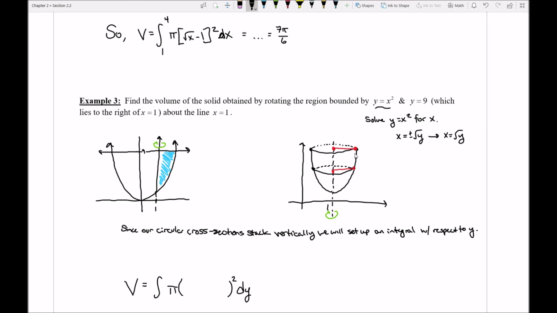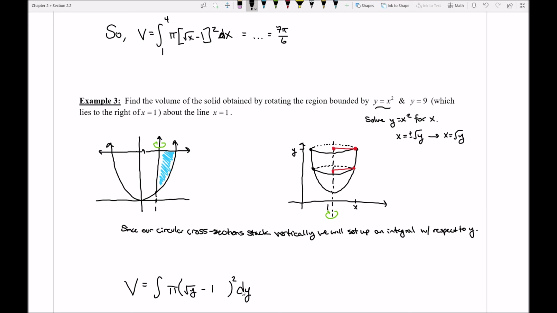So notice then that if I knew the y coordinate where I was looking at a particular circle, if I could plug in that y into this formula, it would spit out the x coordinate associated with that right side of the radius. And so what I really need to do is this x coordinate minus 1. And so I'll say I'm going to do square root of y minus 1. That is, I just have my function minus 1.